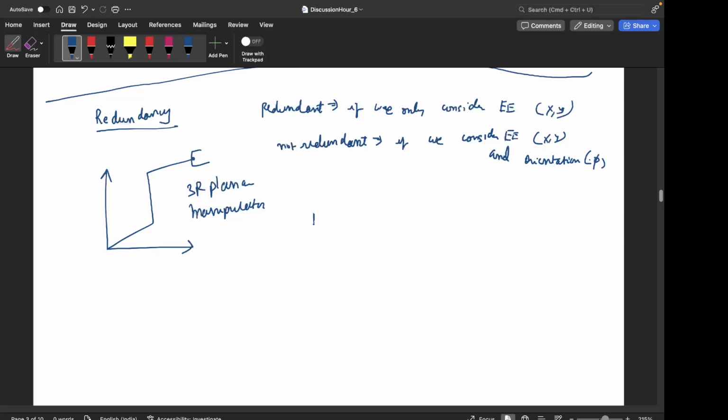And so for redundant manipulators, the inverse kinematics does not give a unique solution. So what we do is we add additional constraints.